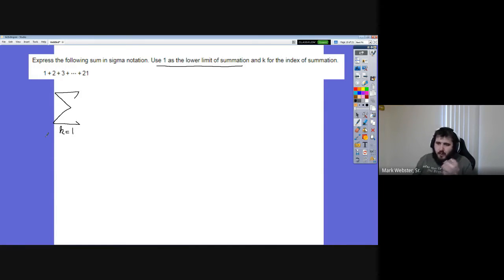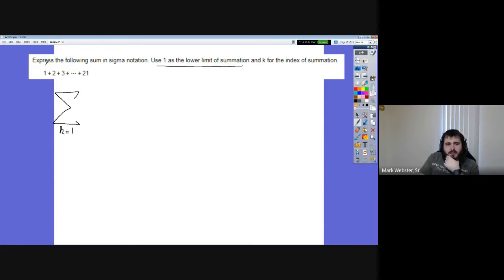But generally speaking, the indexing variable down here is usually i, j, or k. But it doesn't actually matter. By convention, just like normally we use x for a variable for solving an equation, i, j, and k are normally what we see down here.